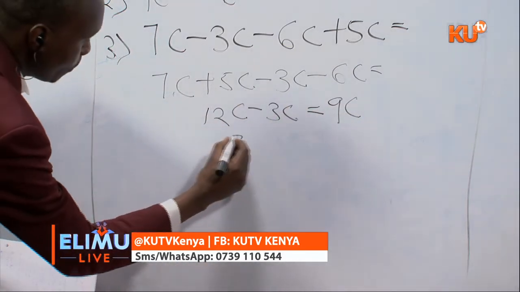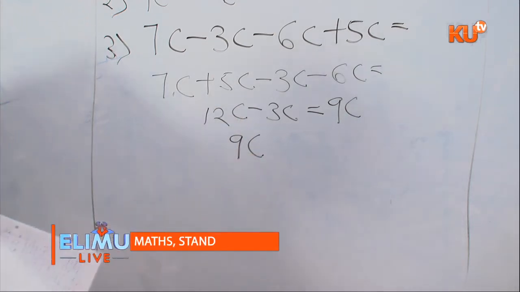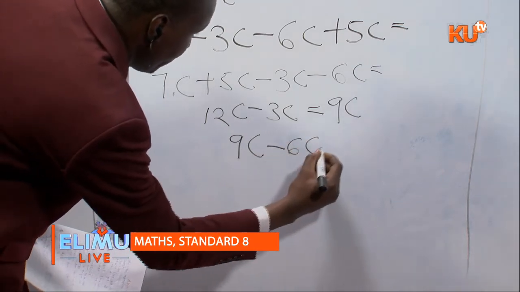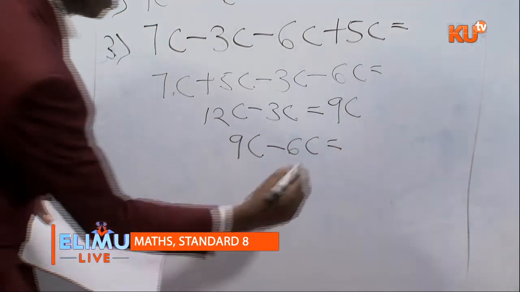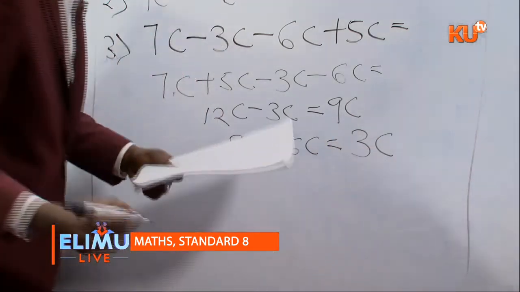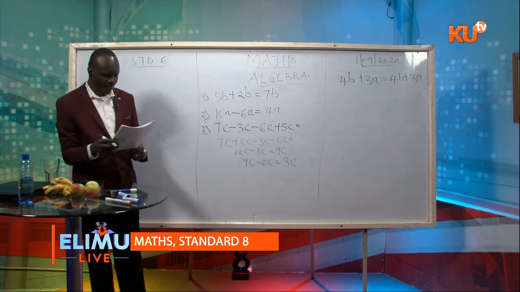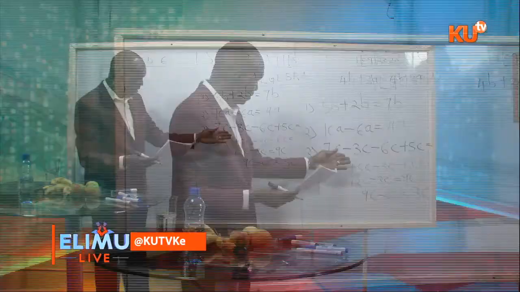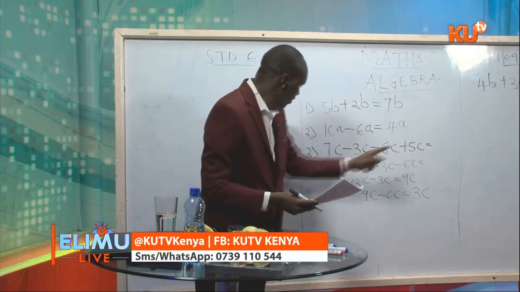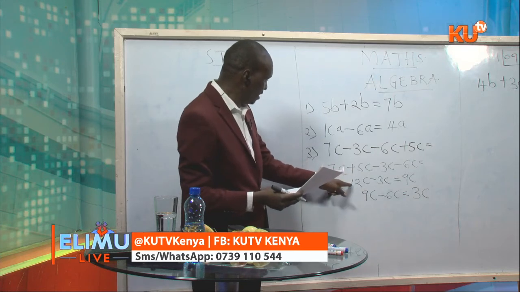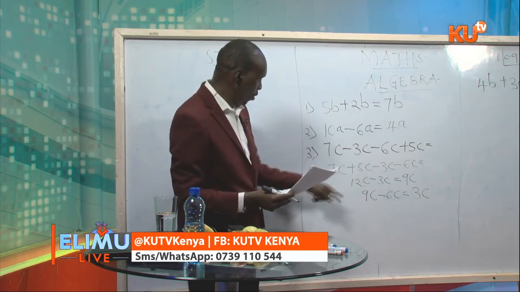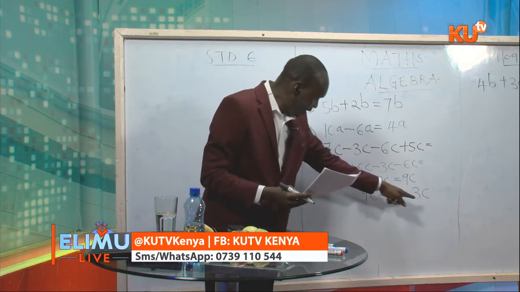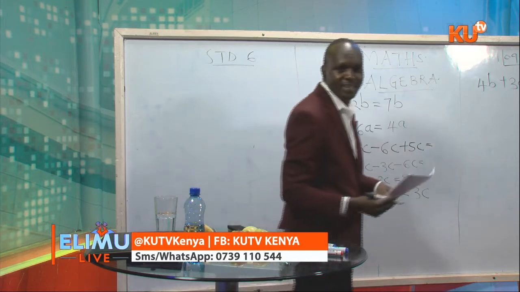When we have 9c, take away 6c, our answer becomes 3c. Our answer for this case becomes 3c. Remember, we have collected the like terms. Then we started with addition. That is 7c plus 5c. We got 12c. 12c subtract 3c. We got 9c. 9c take away 6c. We got 3c. Is that okay?